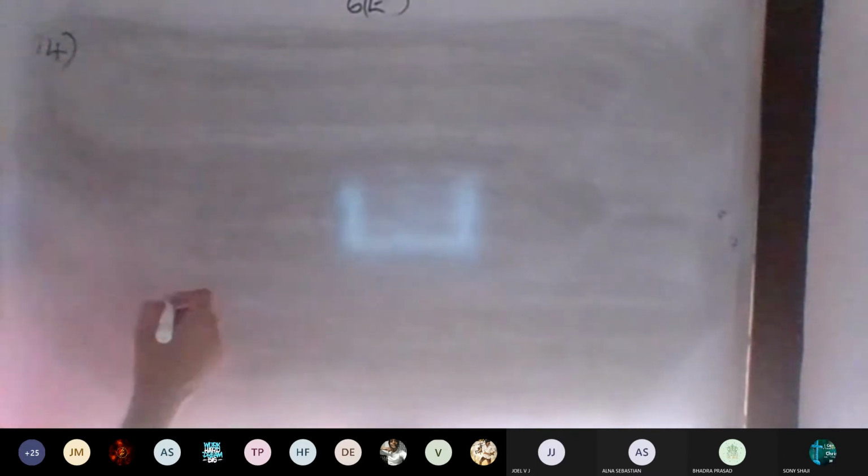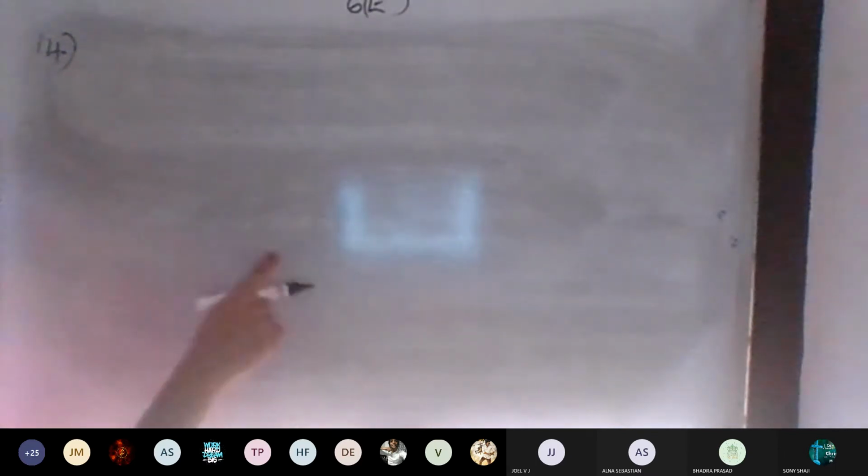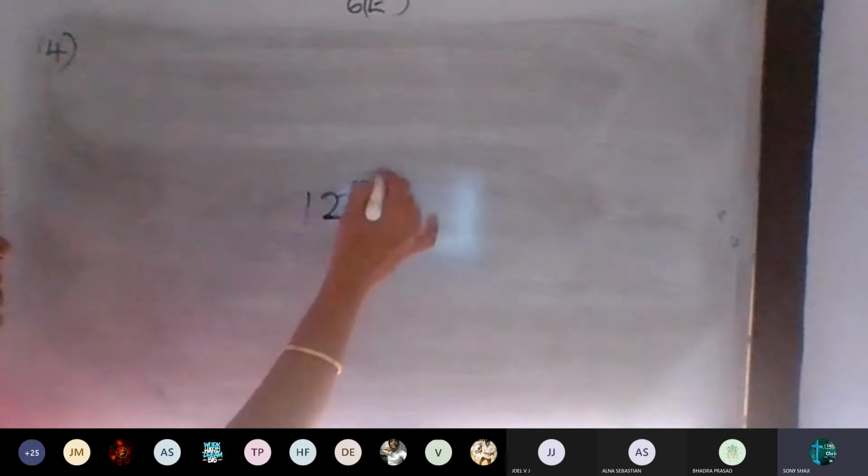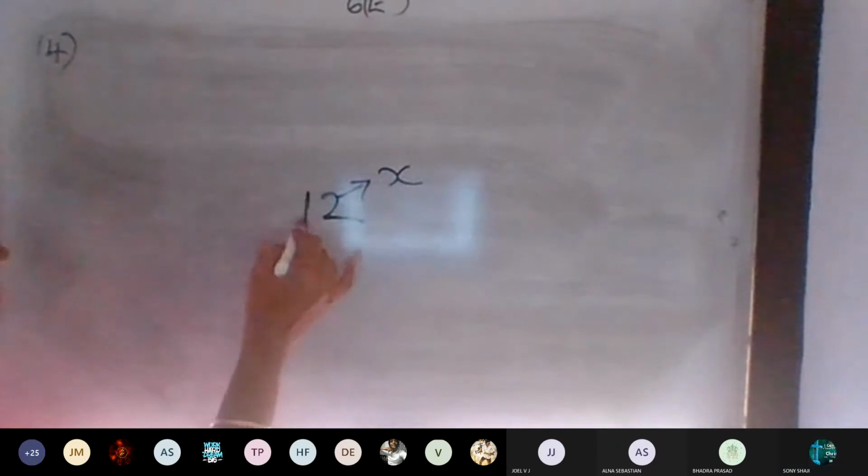The difference between the 2 digits is 6. How can we write the 2 digits? The first digit is x. Then what will be the second digit?